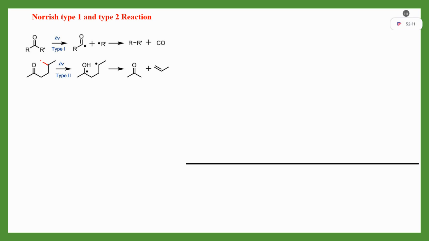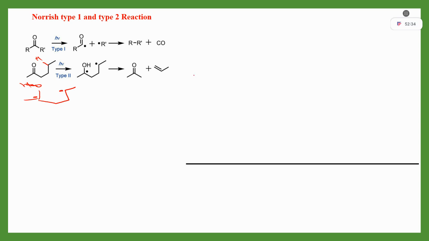This is your gamma hydrogen, right? When you cleave this carbonyl into radical form, this pi bond, this O radical abstracts this gamma hydrogen, leading to formation of alcohol. Now a radical is left here, and here also a radical is there.